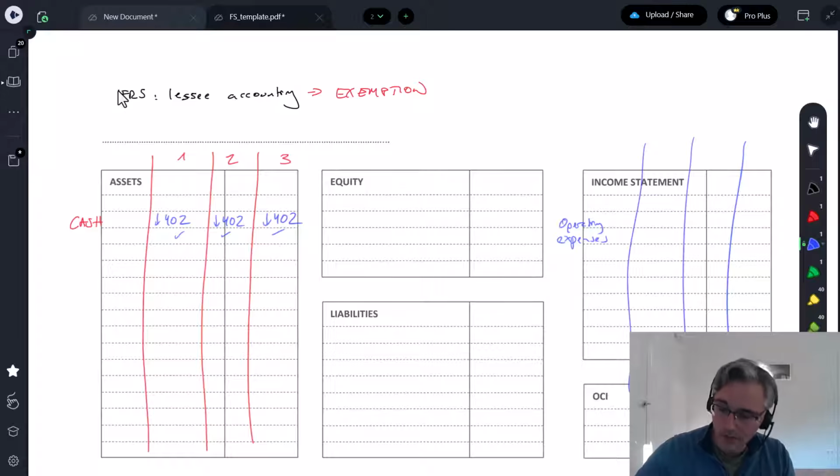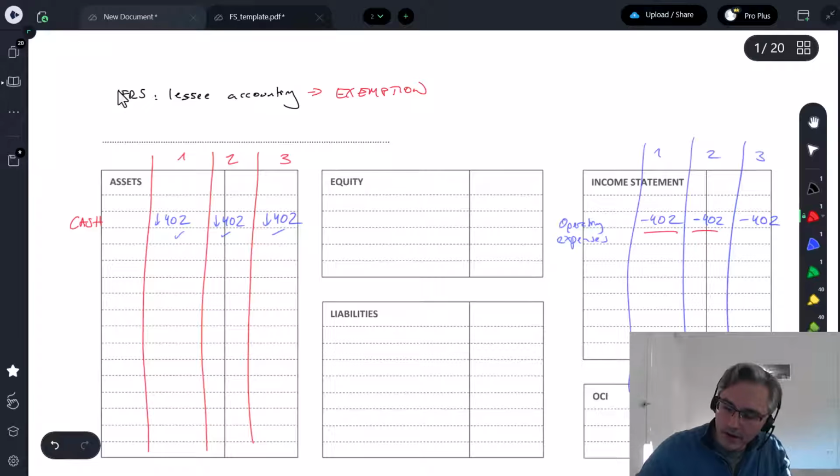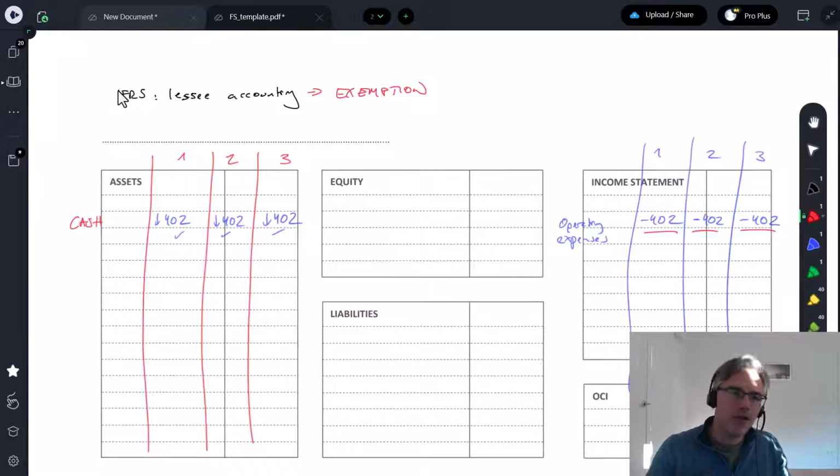So 1/3 of it here corresponds exactly to what you pay on a per period basis. So we would have minus 402, minus 402, minus 402, as you can see, straight line basis under which I recognize the expense in my P&L.